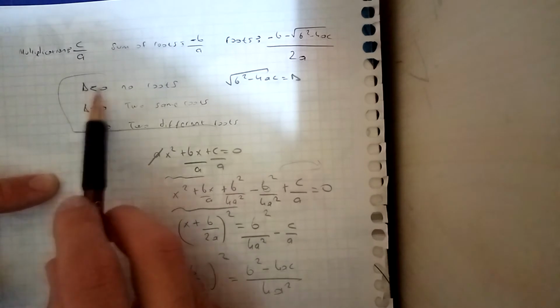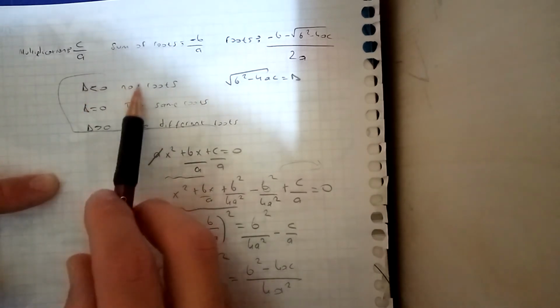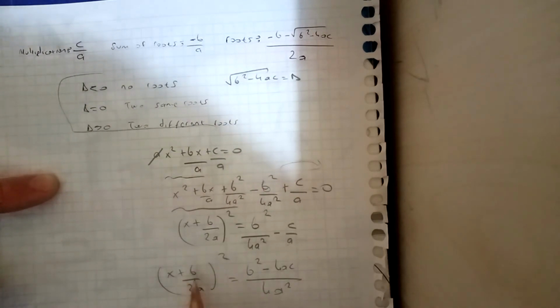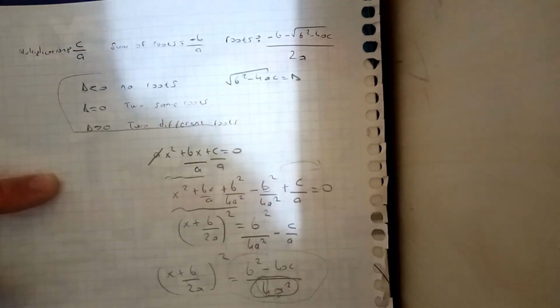We are saying if delta is less than 0, there are no real roots. Look at here, we are taking a square of a number. It can't be a negative number. That is the reason here should be 0 or a positive number. Here 4 times a square is always positive because 4 is a positive number and a square will be positive.